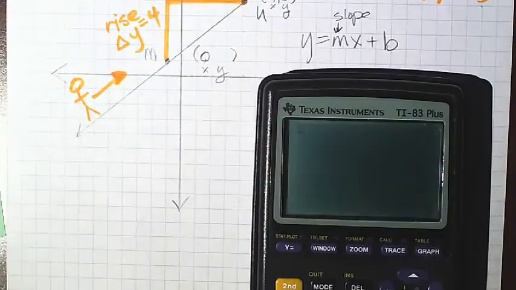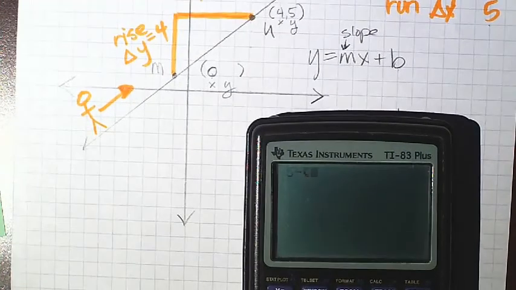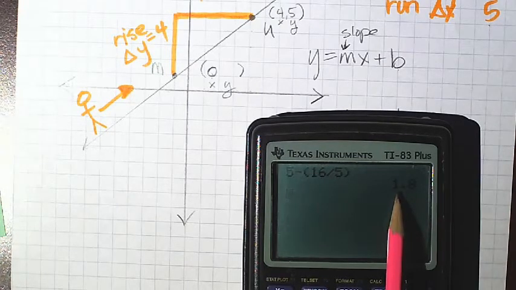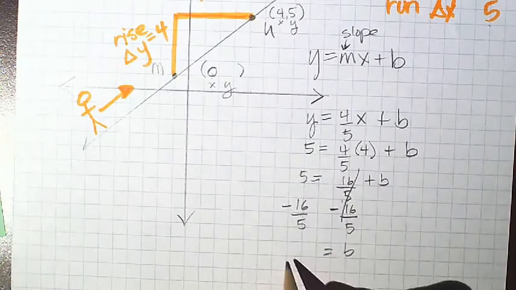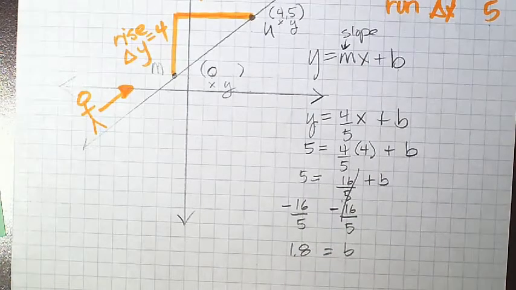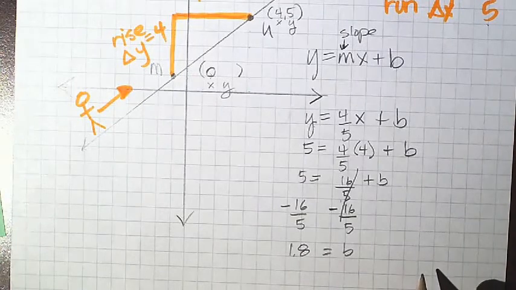You could just type in 5 minus, now you would have to put 16 over 5 in parentheses. Okay, so I got 1.8. We could change that to a fraction, or we could just leave it as a decimal. Okay.